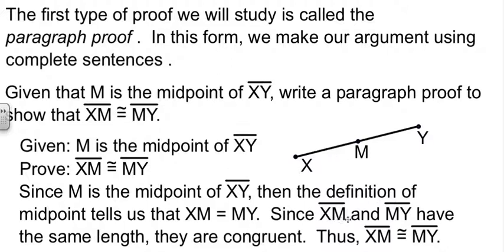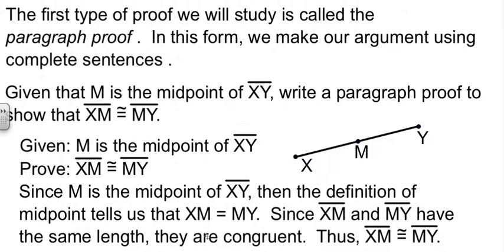Now, since these two segments have the same length, the definition of congruent says that that means they're congruent to each other. Statement, XM and MY have the same length. Reason, they are congruent.